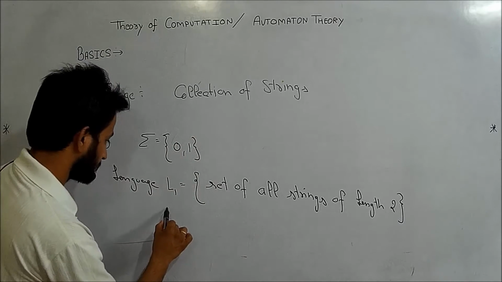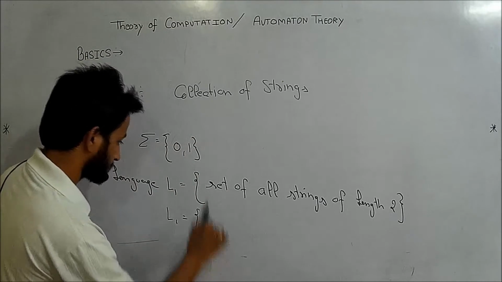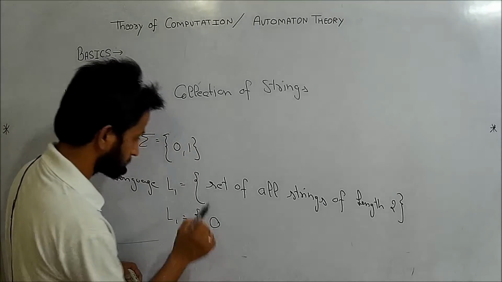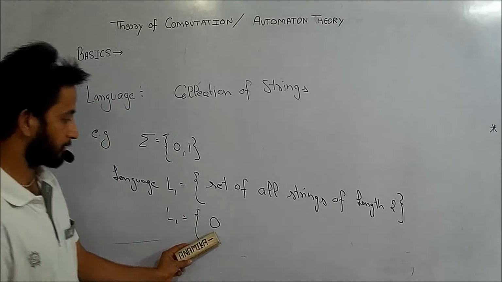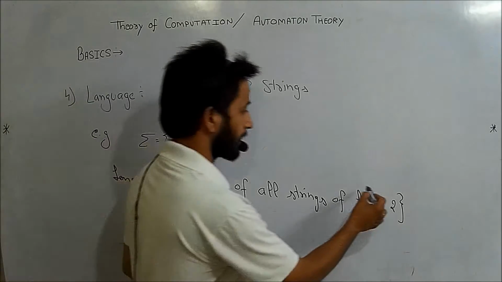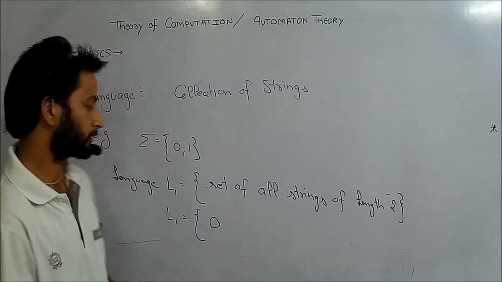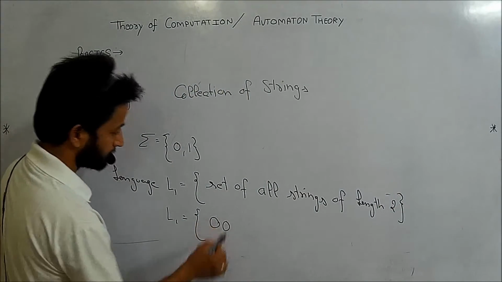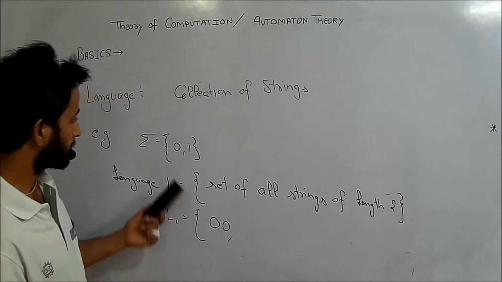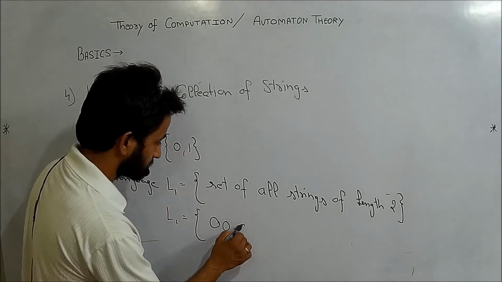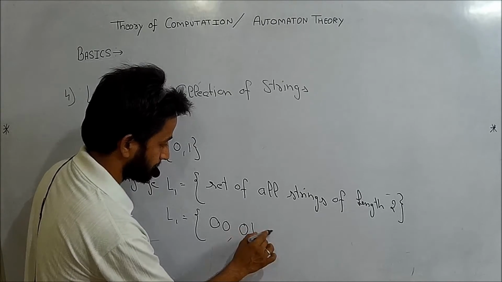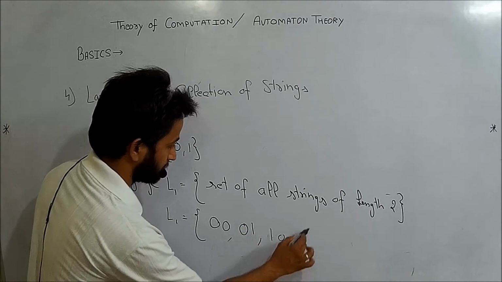The possible strings: is 0 a part of this language or not? 0 is not a part, because the length of the string must be 2. The possible strings are 0 0, then 0 1, next 1 0, and next 1 1.